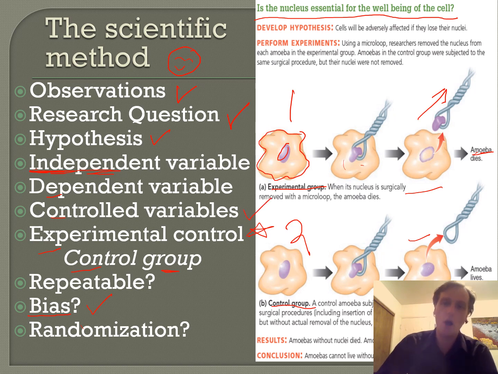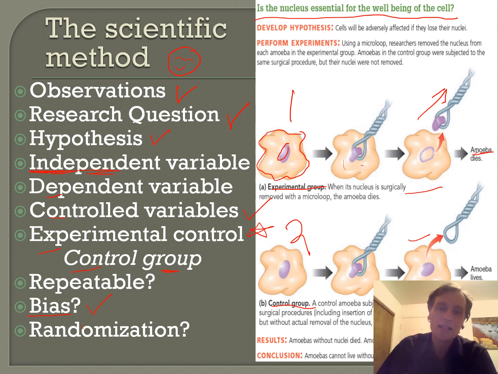Controlled variables would be all the other things that you are trying to keep the same in all treatments of every single cell, such as, easy ones students will always go for if they're asked to name a couple, cells in the experimental group and the control group must be kept at the same temperature. They must be fed the same type of food or medium if we want to be more sciencey.